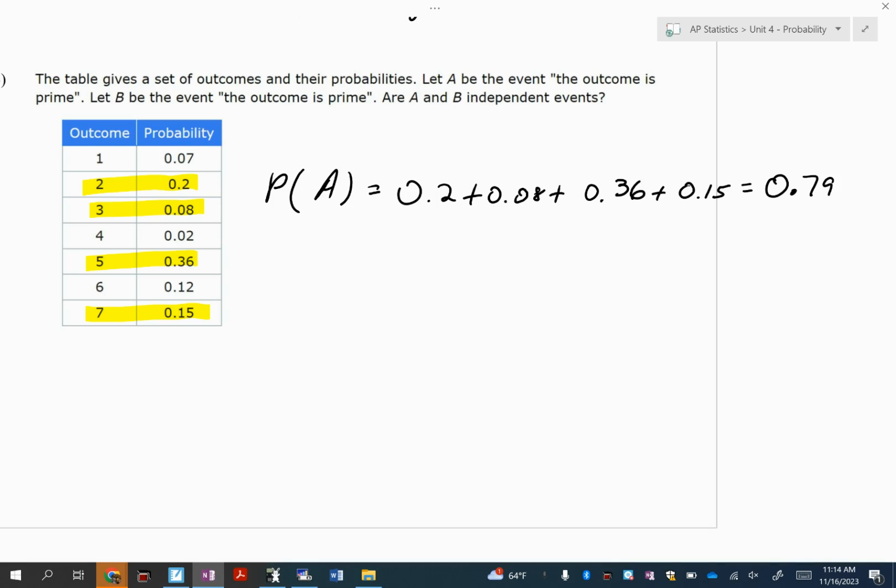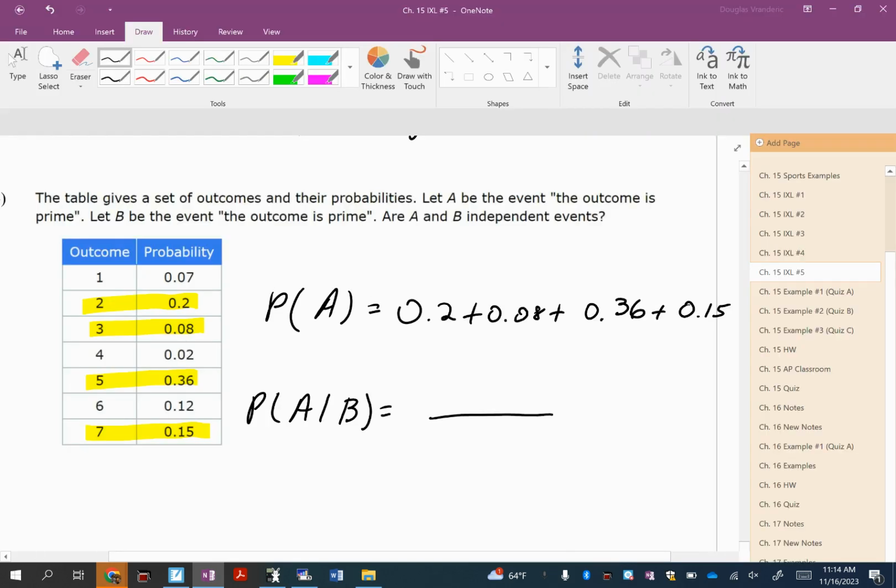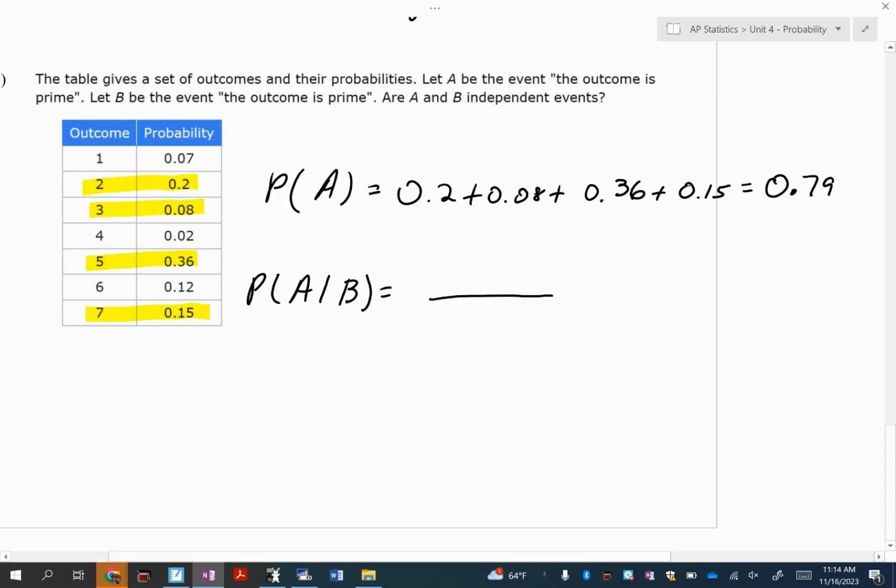0.79. So now, if this is going to be true, my denominator is where I'm going to highlight in blue. But notice that it's the same. Event B's outcome is prime, so I'd be highlighting the same things. So all of that is going to go in the bottom, 0.79. And you see how they all turn green? Every single one of them turns green.